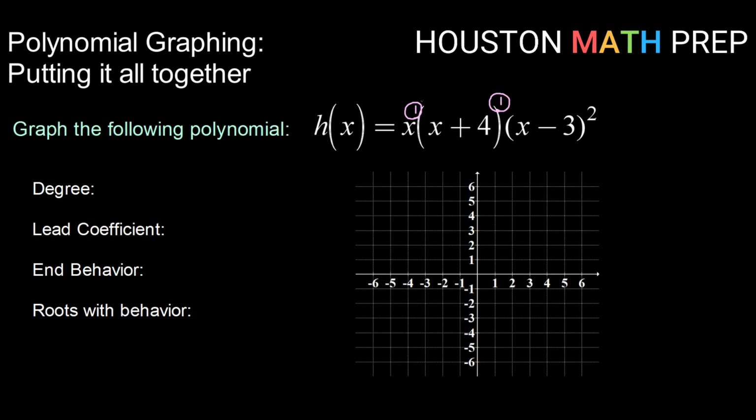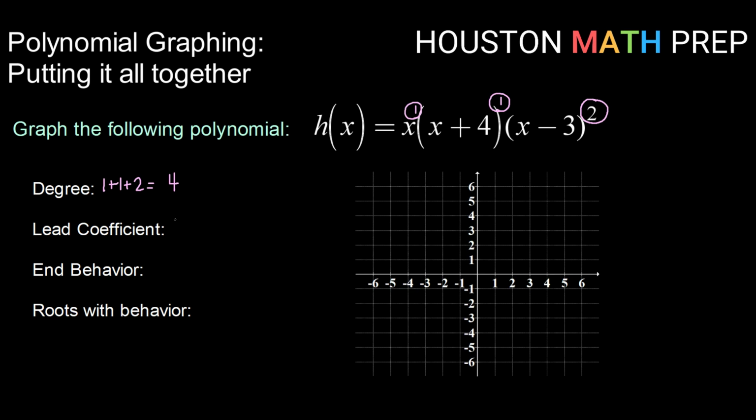So here with x, since I don't see an exponent, I know that that's a 1. For the factor of x plus 4, once again, I didn't see an exponent, so I know that that is 1. And for our factor of x minus 3, I have an exponent of 2. So 1 plus 1 plus 2 tells me my overall degree is 4.